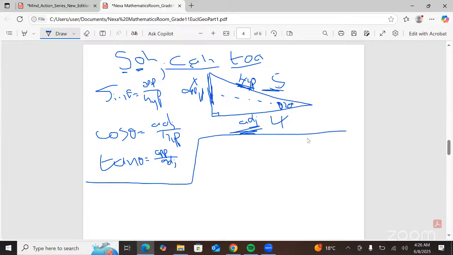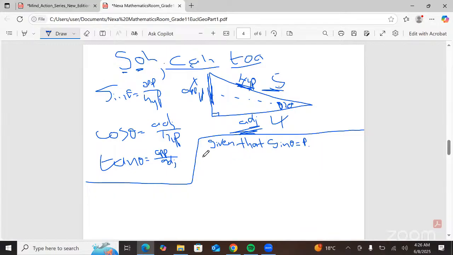They will come to you and say, given that sine of the angle theta is equal to P.